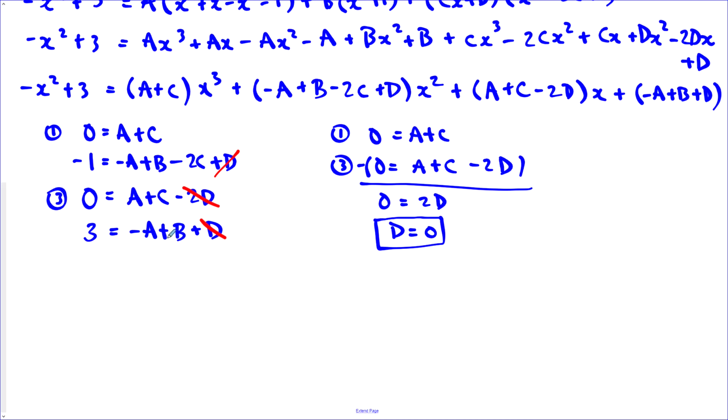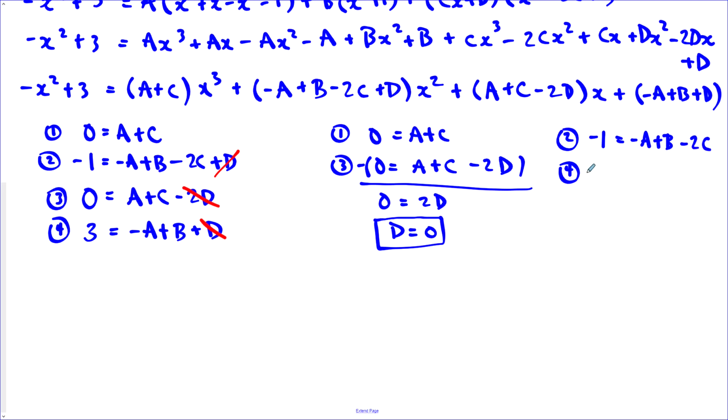We've got this number 2 equation and this number 4 equation. Let's put them together, because the a's and the b's match up. So the number 2 and the number 4 equation, just numbering them so you can see which ones I'm using. So -1 equals -a plus b minus 2c.